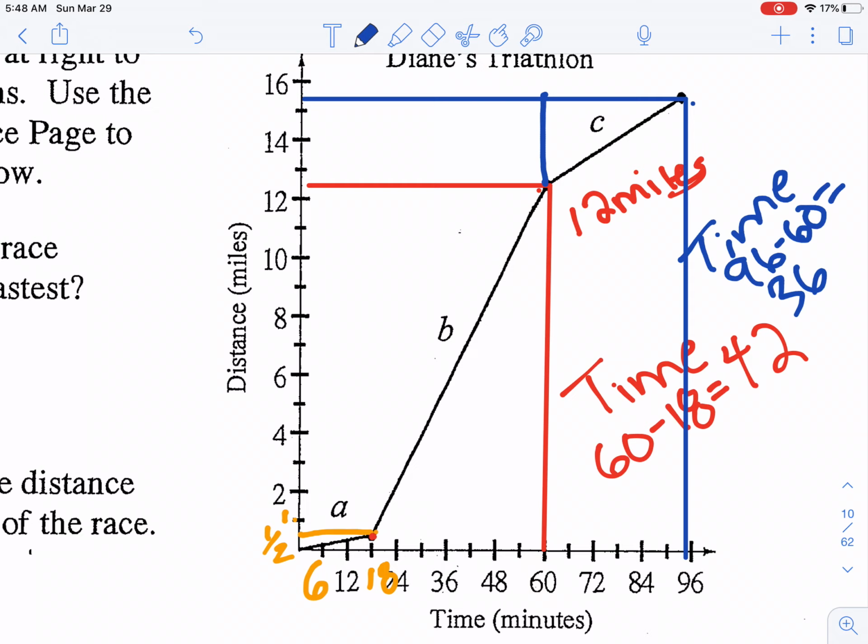So she went from 12 and a half to 15 and a half, 3 miles. 3 miles in 36 minutes.